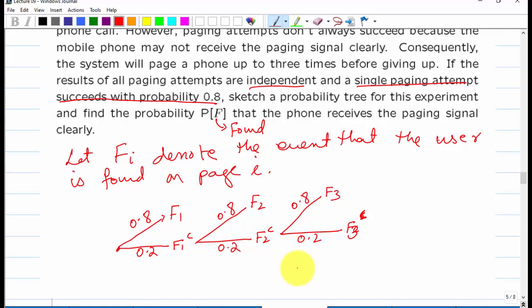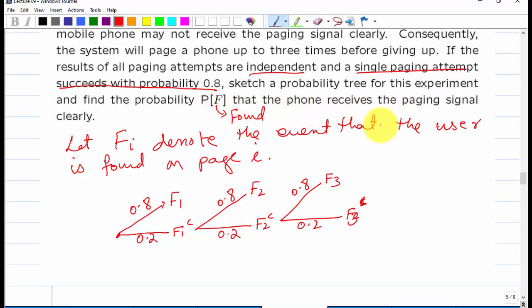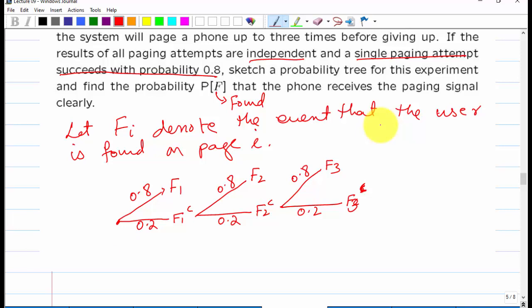So we need to find the probability PF that the phone receives the paging signal clearly. The probability of being found is a little bit tricky here, because it could be found on the first attempt, or on the second attempt, or on the third attempt.